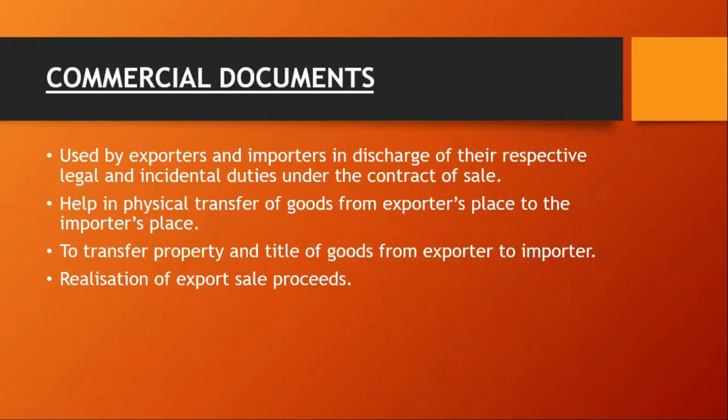Because they help in physical movement of goods from the exporter's place to the importer's place. Next, to transfer property and title of goods, that is ownership of goods from the exporter to the importer. Next, commercial documents help you to realize the payment of export sales. Unless you have commercial documents, you cannot get the payment for your goods.